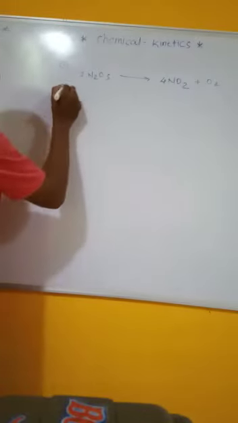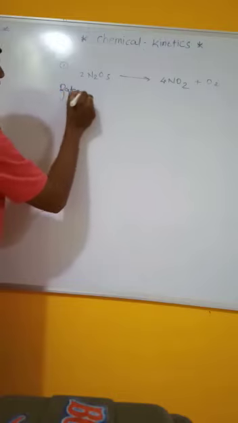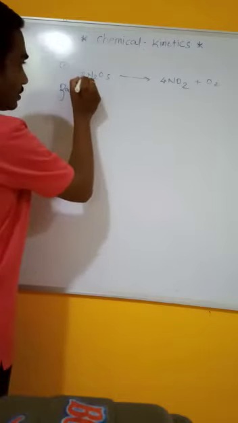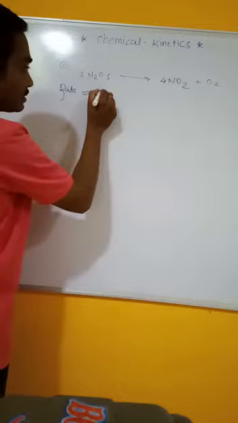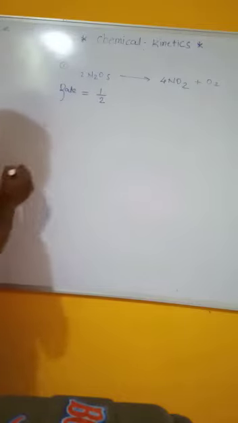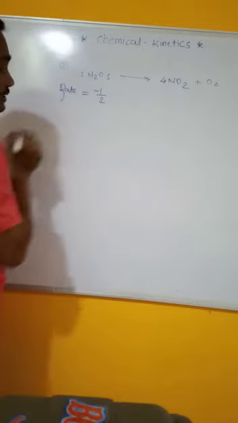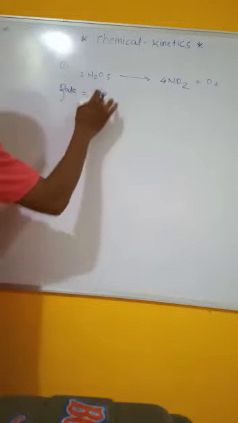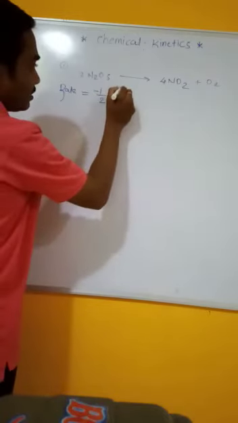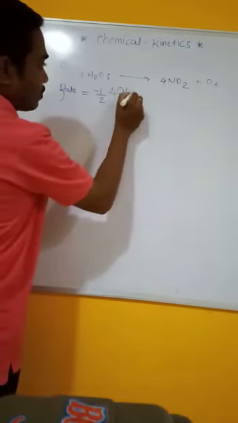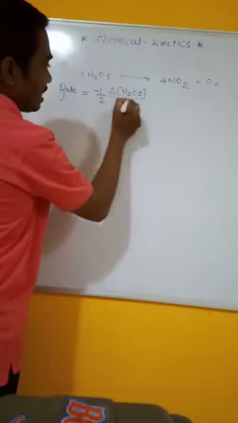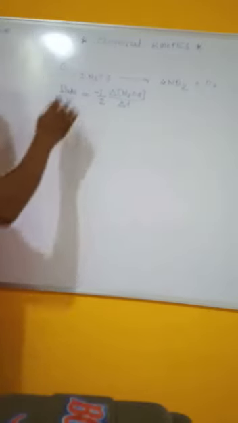Then we have to find out the rate of reaction. Rate is equal to, the coefficient is 2, therefore it becomes a half. It is a reactant, therefore a negative sign, minus 1 by 2 grad concentration of N2O5 divided by grad T. This is the rate of disappearance of N2O5.